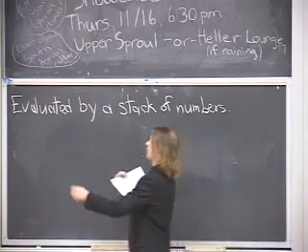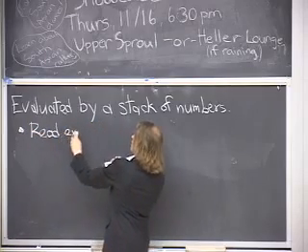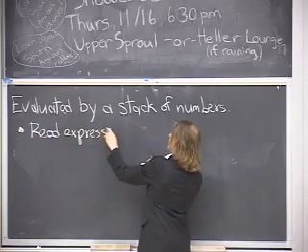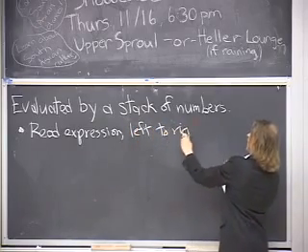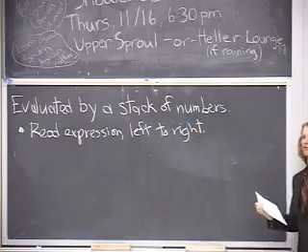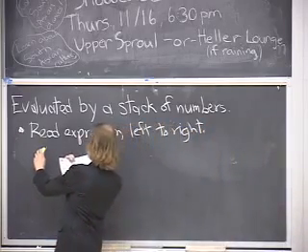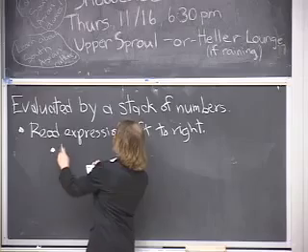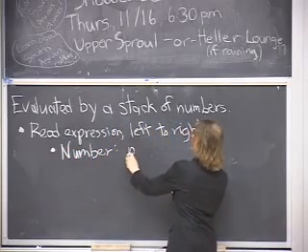So the algorithm is, we read the expression from left to right, process one number or symbol at a time. And we behave two different ways. When we encounter a number, we always just push it onto the stack.